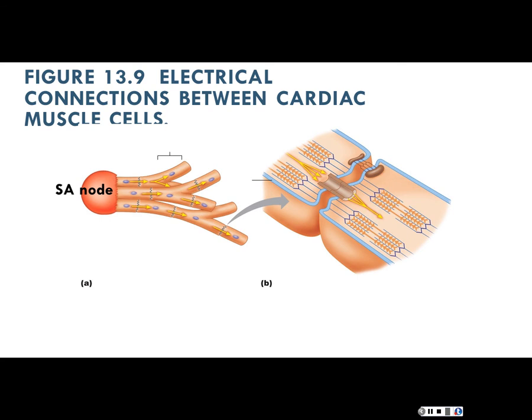So the pacemaker cells will spontaneously depolarize to threshold, which initiates action potentials. Action potentials are conducted to our contractile cells, which are shown here, labeled muscle cells. You can say myocardial cells. You can call them contractile cells. But the more orange, branchy-looking cells are the contractile cells of the heart.